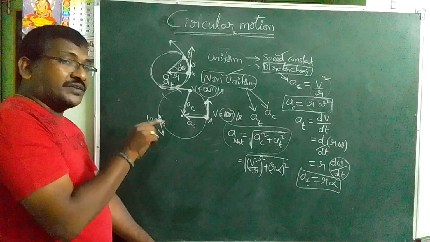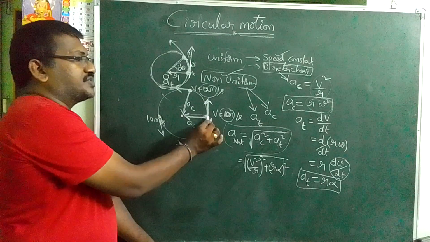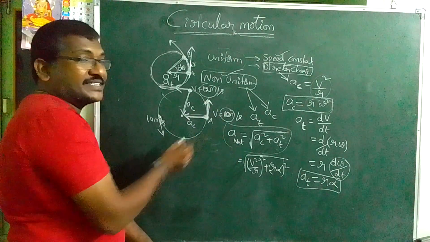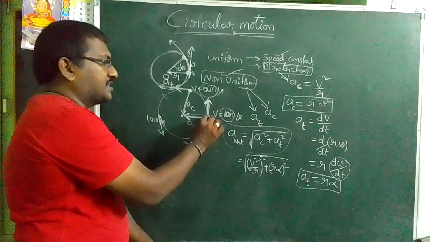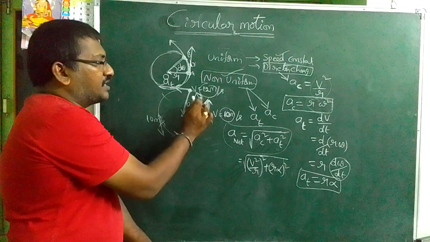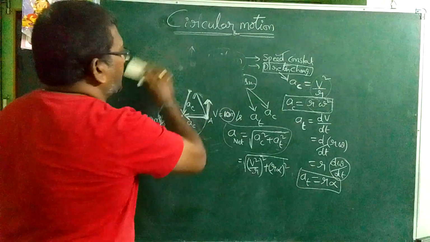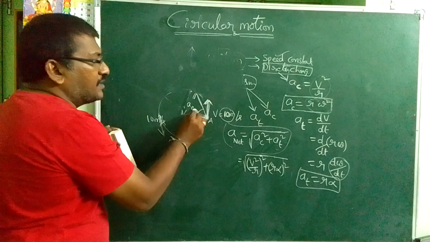What is the direction of the net acceleration? Here centripetal acts toward the center, tangential acts along the tangent. But what about the direction of the net acceleration? According to the parallelogram law of vectors, the net acceleration is like this, the diagonal. So I am taking the angle phi.